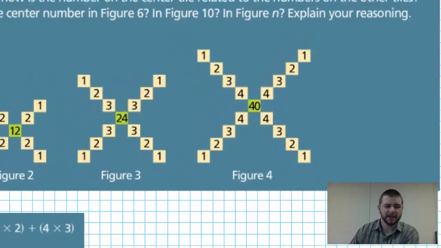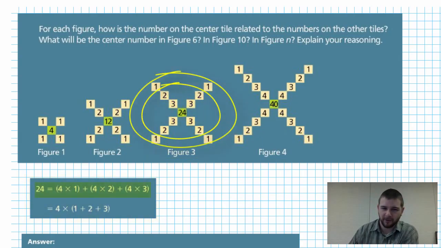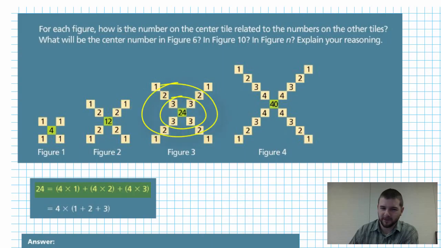Consider this explanation of 24, which we can derive from figure 3. 24 does equal 4 times 1 plus 4 times 2 plus 4 times 3. Notice also the right-hand side of this equation can be rewritten using the distributive property as 4 times (1 plus 2 plus 3).